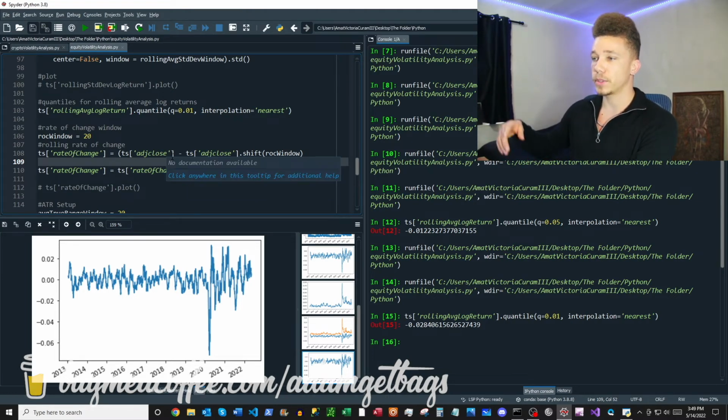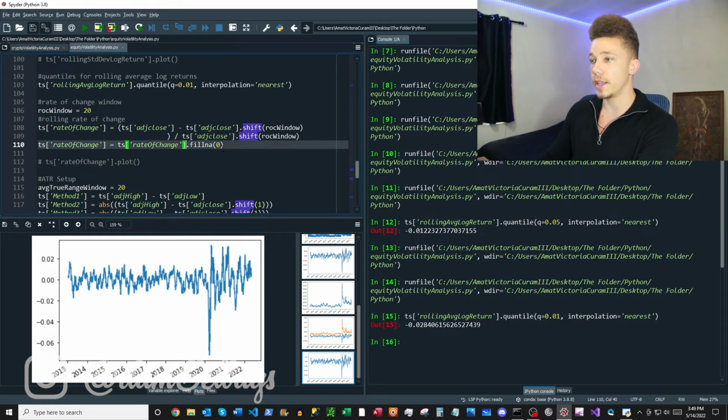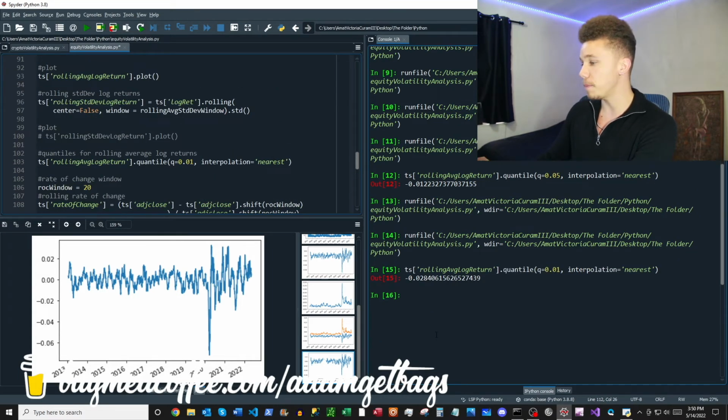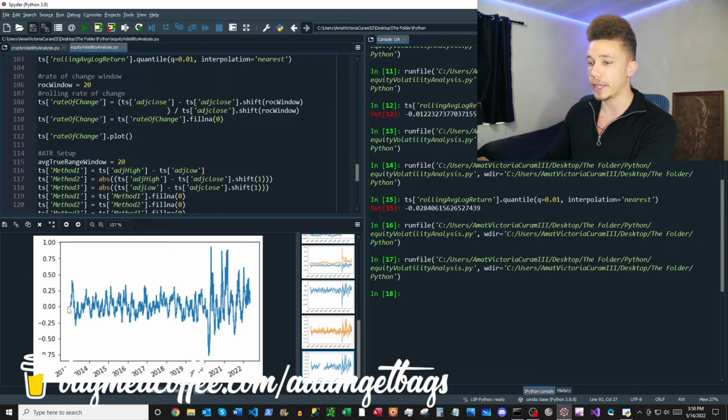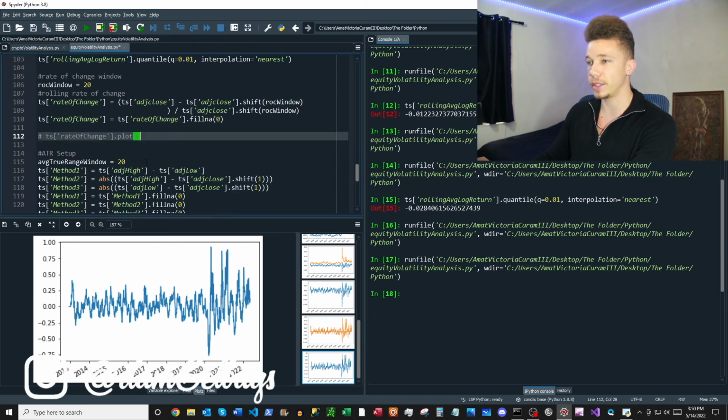If the stock's going up, then you're going to have a larger number here and a smaller number here. That's going to give you a positive number, and you're dividing it by your starting price as well. Okay, great. And then you're filling in the nans with 0, just so the chart doesn't look bad. You can see right here at the very beginning, it has those zeros, but no problem. So let's keep it moving. Rate of change, really intuitive and easy to understand.